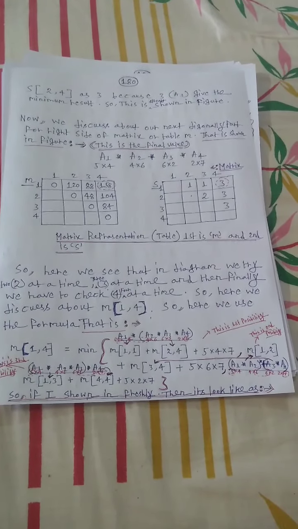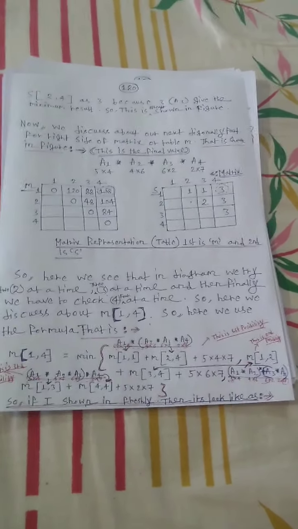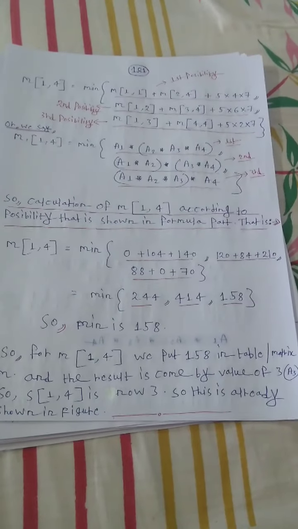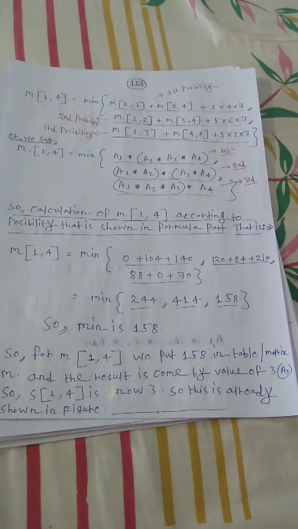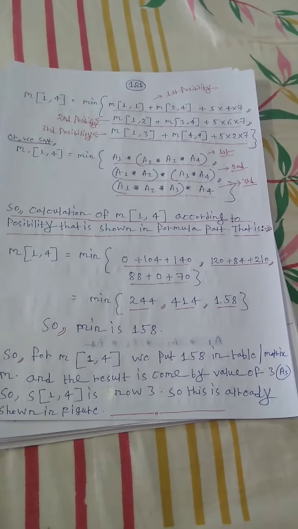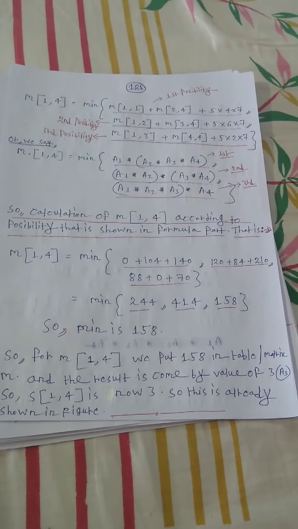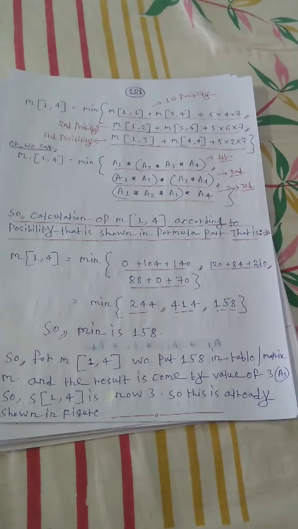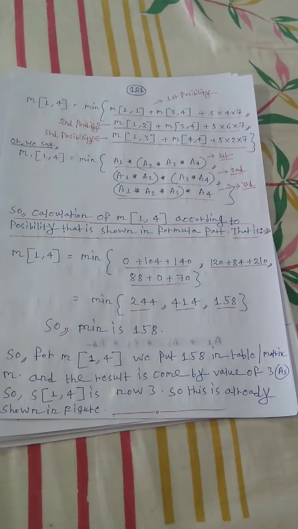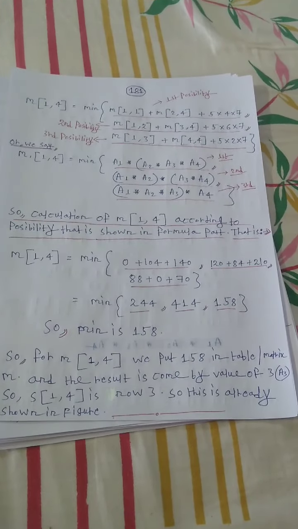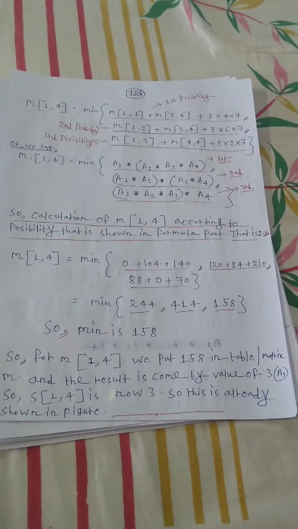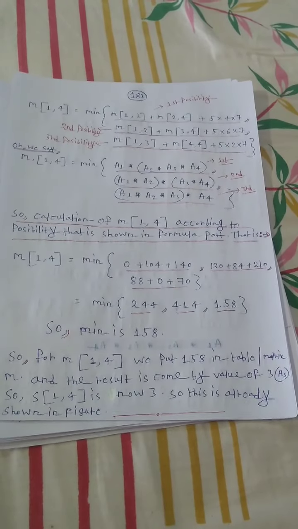If I show it in the figure, we can see this is the first possibility, m11 plus m24 plus 5 into 4 into 7. The second possibility is m12 plus m34 plus 5 into 6 into 7, and the third possibility is m13 plus m44 plus 5 into 2 into 7.